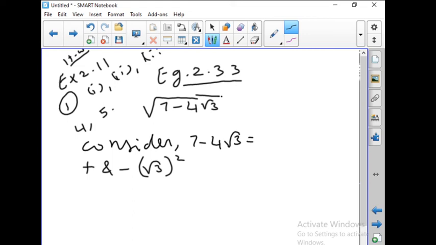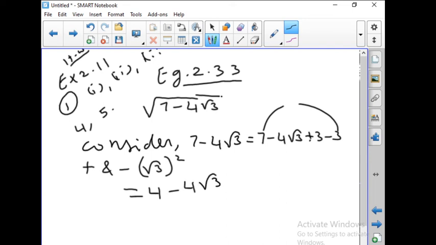So therefore this can be written as 7 minus 4 root 3 plus 3 minus 3. Okay, we have added and subtracted. So now what is it? 7 minus 3. See, take the first one and the last one. 7 minus 3 is 4. Then minus 4 root 3.